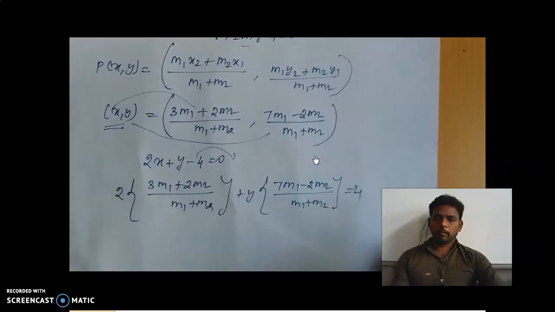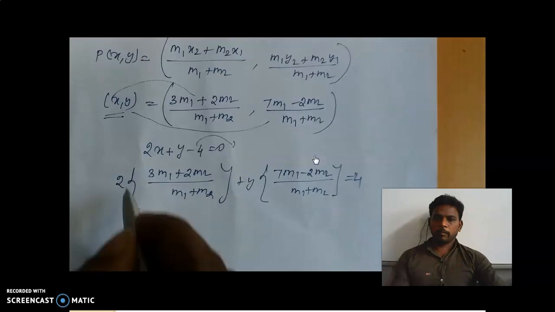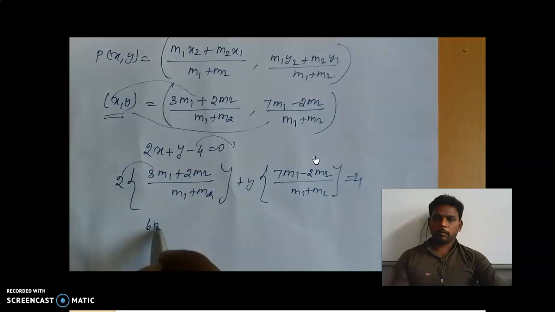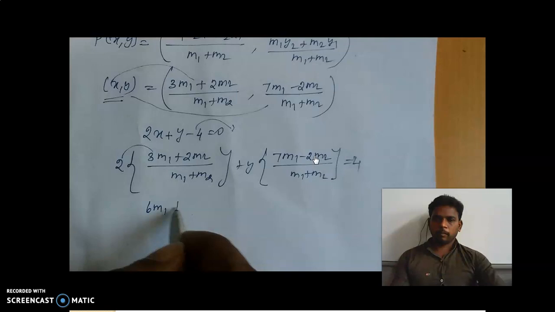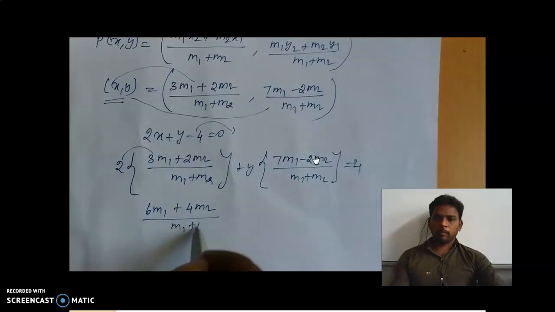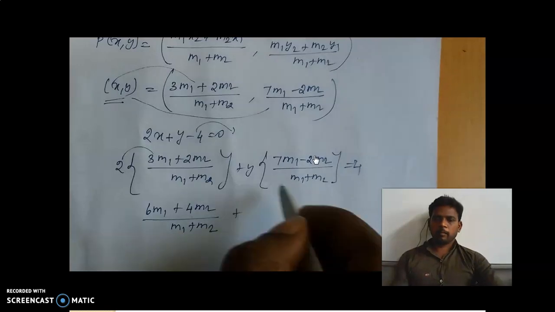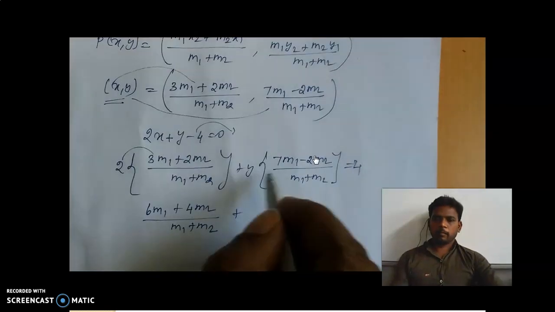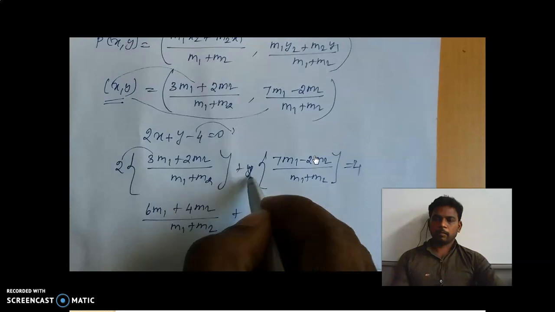Okay, now simplify this, so multiply to inside it, so 6m1 plus 4m2 divided by m1 plus m2, and plus, and here multiply, so here instead of y only you can put this one, right?